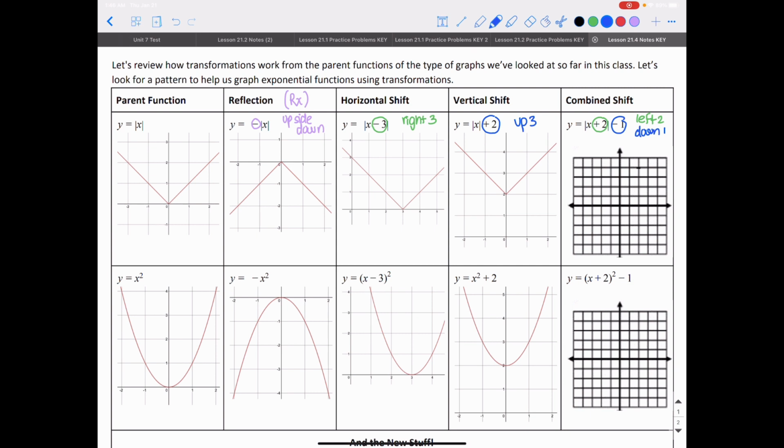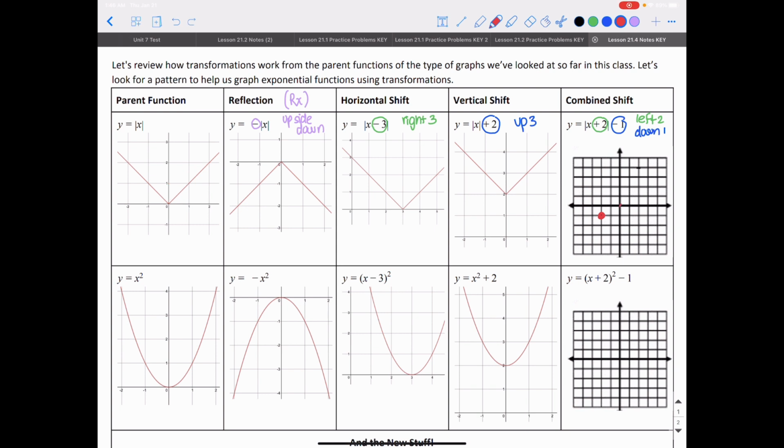So I'm going to find my new vertex. In the parent function, it would have been 0, 0. Well, I'm moving left 2 and down 1 because of that extra stuff that I see besides y is equal to the absolute value of x. So I'm moving left 1, 2, and down 1, and this is my new vertex. Then I'm going to find my other points. I know that the slope didn't change, so in the parent function I was going up 1, right 1, up 1, right 1.